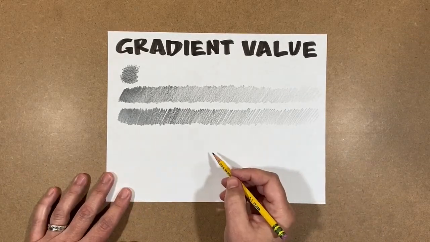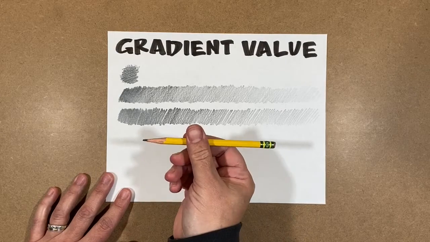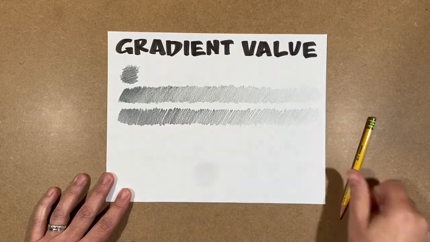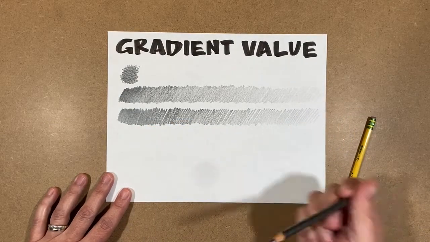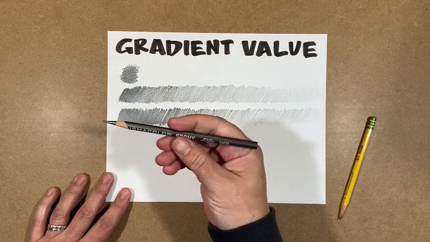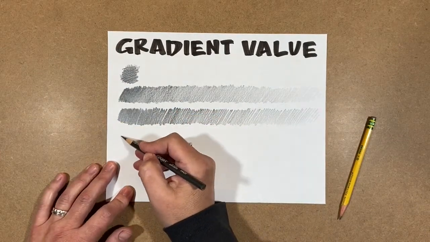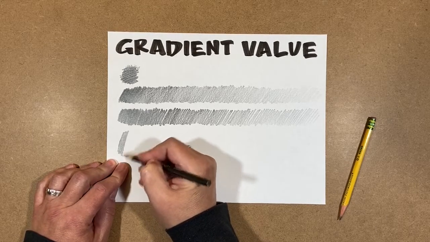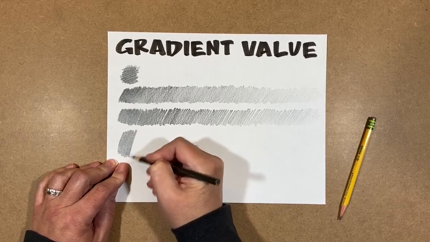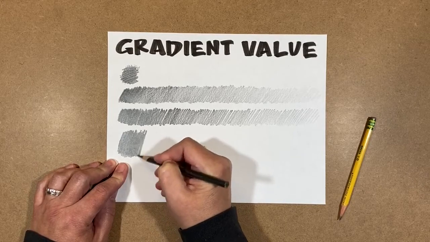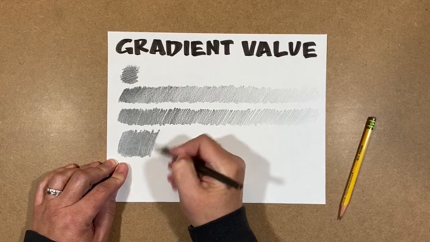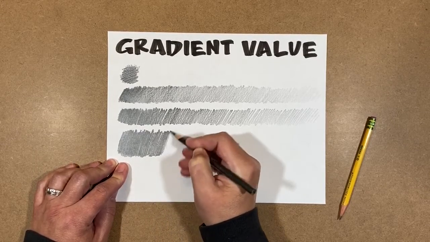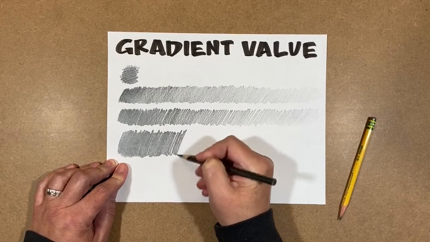Right now I'm just using my trusty Ticonderoga. I have another pencil. This is called an ebony pencil. It's used a lot in art where the graphite is a little bit darker right out of the gate. And it kind of gets me my darkest darks a little bit more intense.